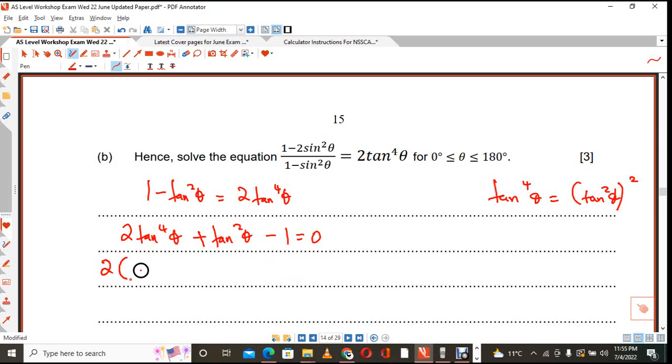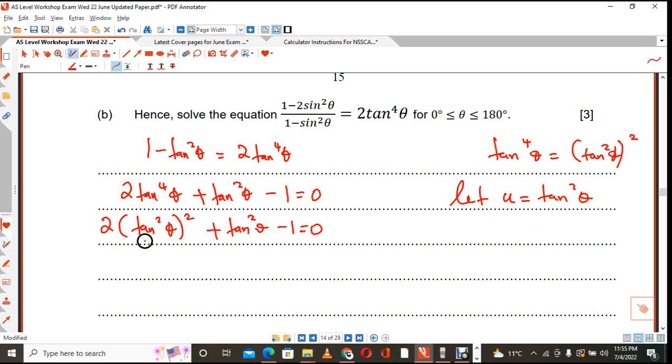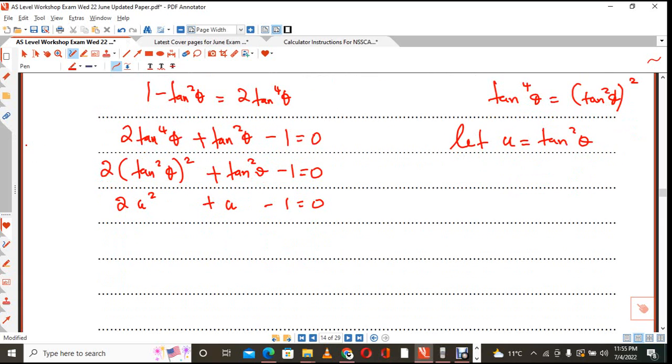So this will be written as 2 (tan square theta) squared plus tan square theta minus 1. The reason why I do that, I'm going to say let u equal tan square theta. So everywhere where I have a tan square theta, I'm going to substitute it with u, like this. And I have a quadratic equation here that factorizes.